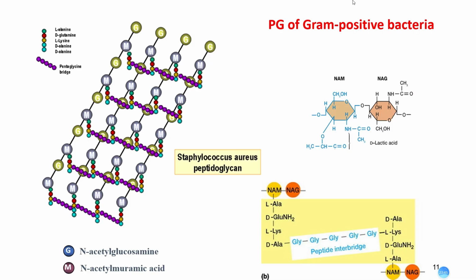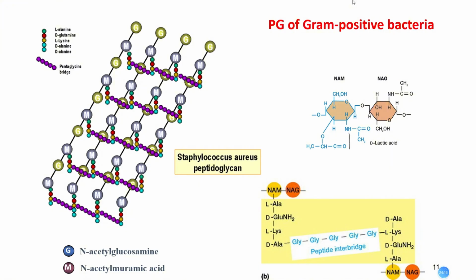It's here, 1,4 glycosidic bond. So that's the backbone. And on the backbone, linked to the M molecule, the muramic acid, you can see the 4 peptide side chain. So 4 amino acids side chain on M. All are on M. Okay? So that's the side chain.